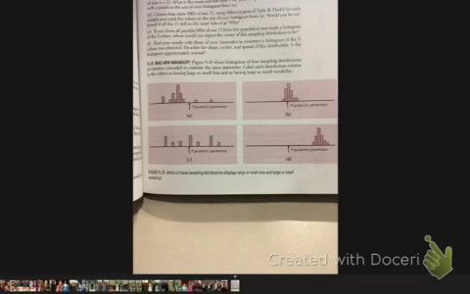Here's number 10, and two important concepts here: bias and variability. We want to make sure that we realize that this arrow is the truth. This is reality, and then over here is our sampling.